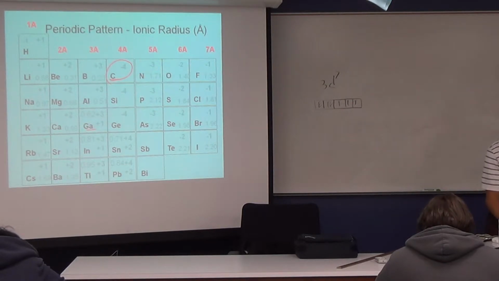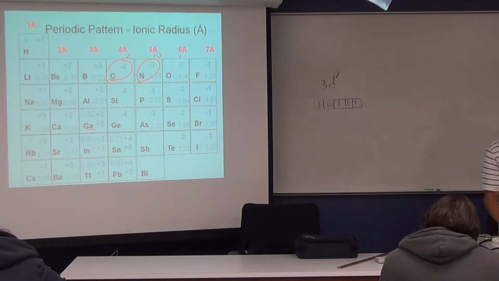How many electrons in carbon 4 negative? 10. And how many electrons for N3 negative? All 10 here. And how many electrons for sodium 1 plus? 10. And how many for magnesium 2 plus? 10.